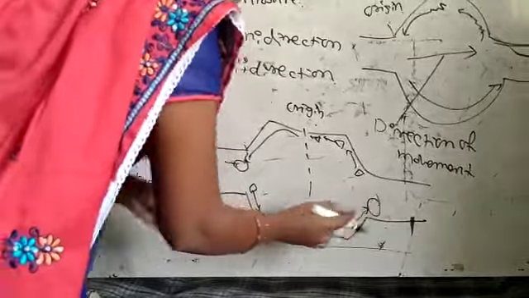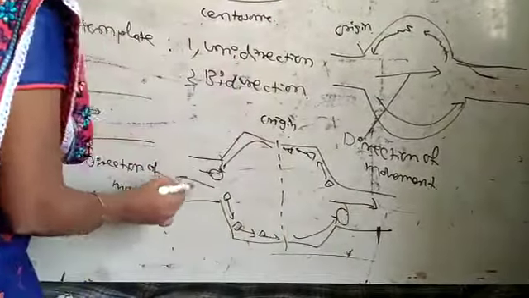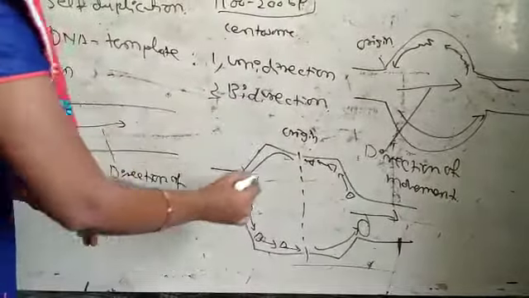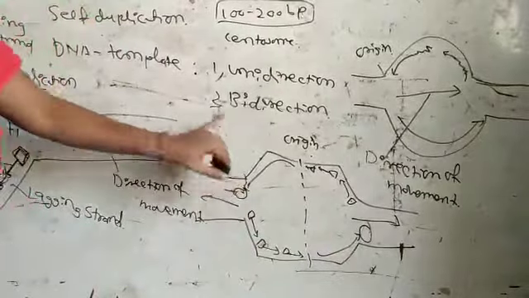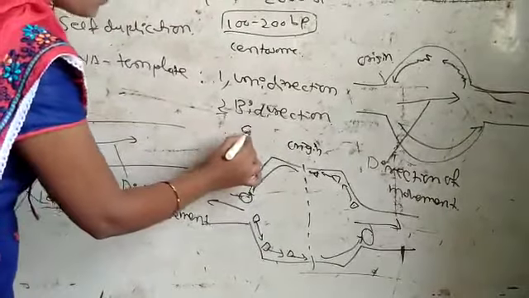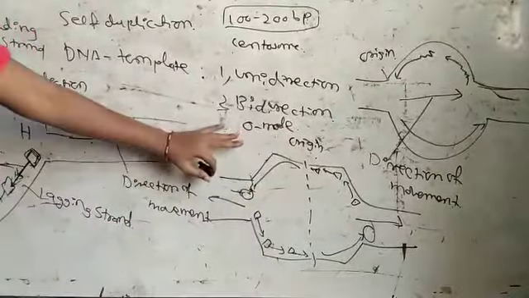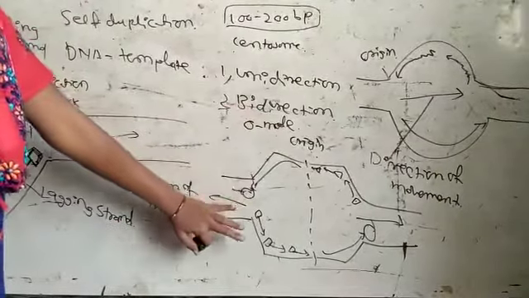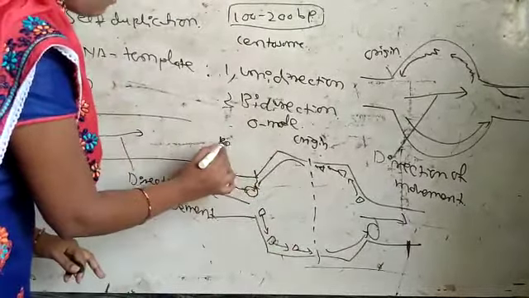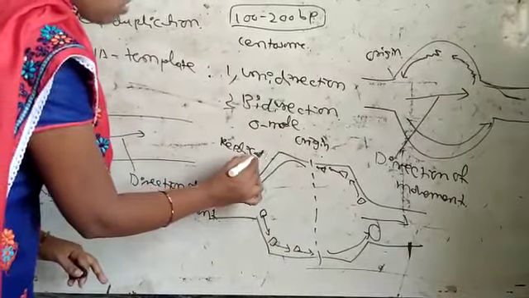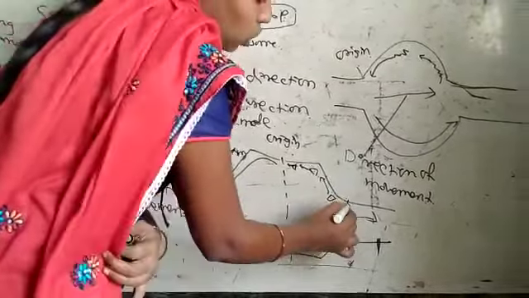So the strands move in this direction and in this direction. In the bidirectional manner, circular chromosomes are formed, so bidirectional replication is also called the theta mode of replication. It has two replication forks.